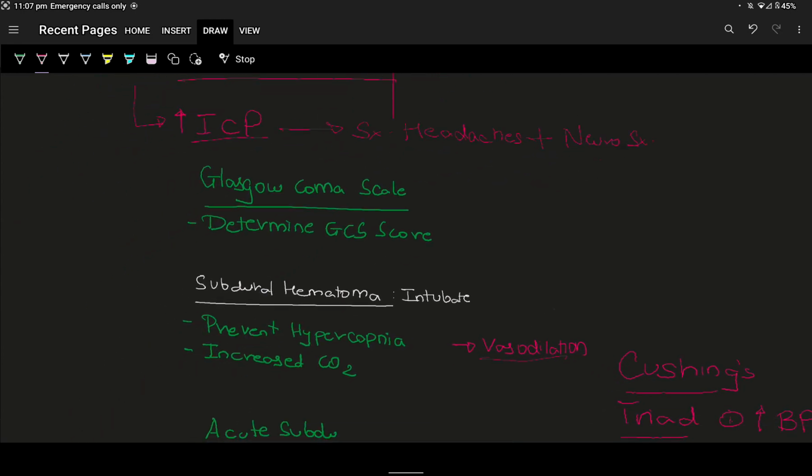After the diagnosis of the subdural hematoma, we can also utilize the Glasgow Coma Scale to determine the extent of severity that the patient is suffering. So, based on the score of the GCS, we can say if the patient is mild, moderate, or severe.